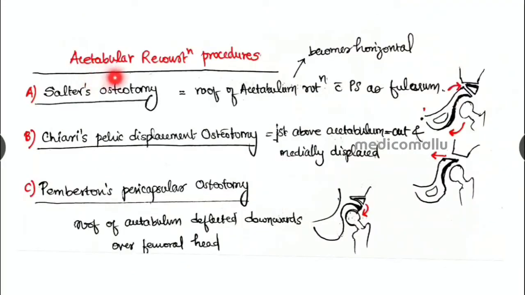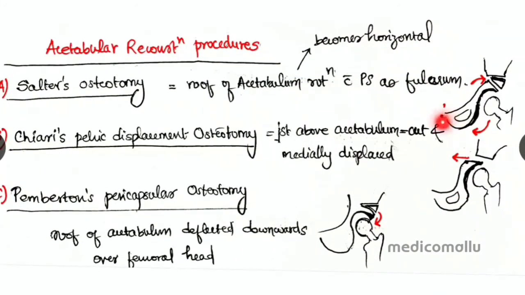And next are some acetabular reconstruction procedures. The first one is the Salter's osteotomy. The roof of the acetabulum is rotated with the pubic symphysis as the fulcrum. This is the pubic symphysis, and the roof of the acetabulum is being cut, this portion, and it becomes horizontal after rotation.